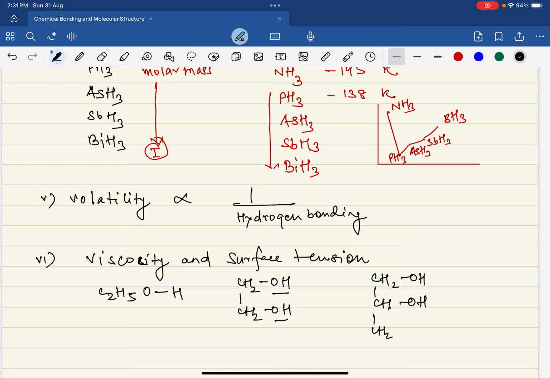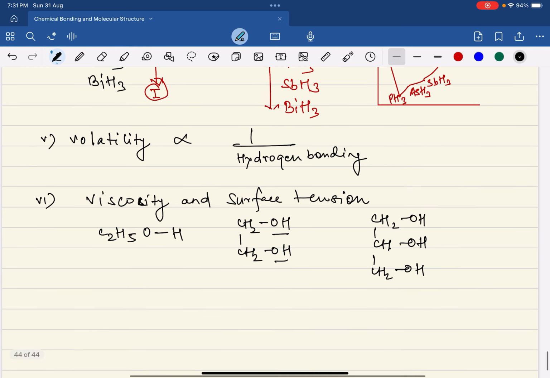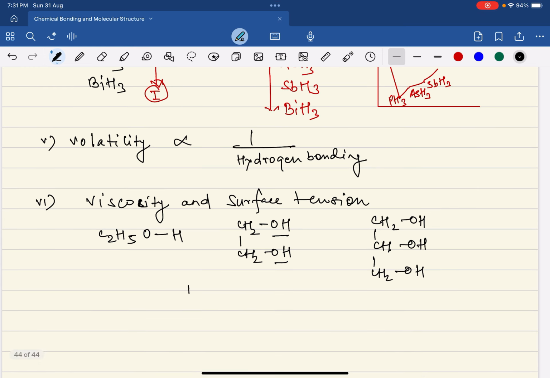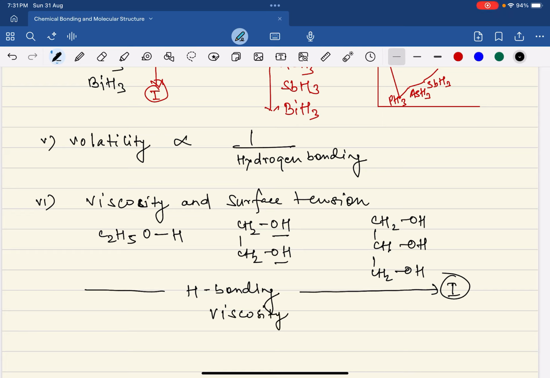So, on the basis of a very simple observation, the extent of hydrogen bonding increases from alcohol to glycerol. That is why viscosity increases.